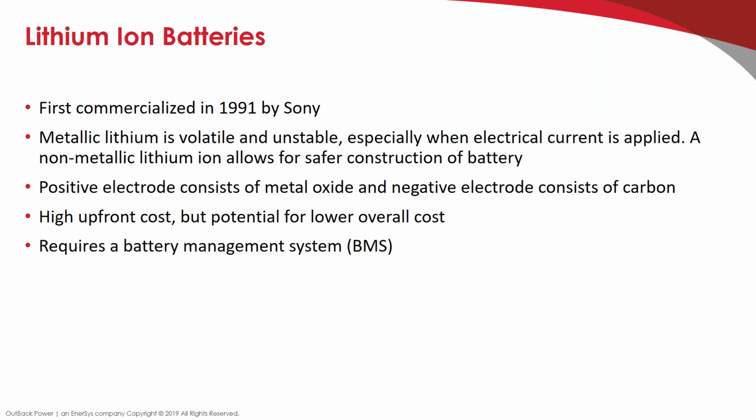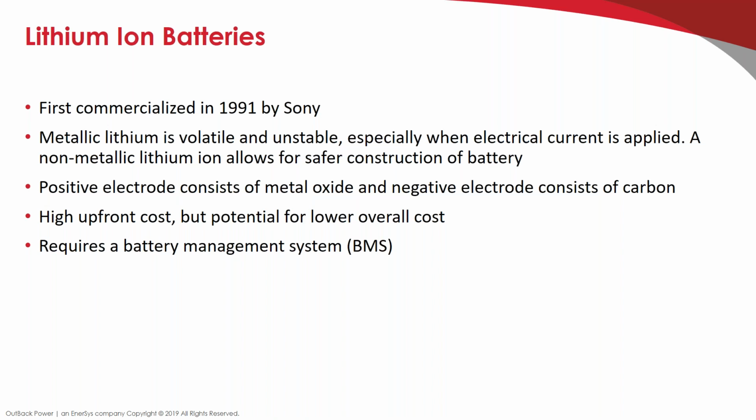This is related to what we were just talking about with the cell voltages, where those potential energies are different. You see the difference here because the materials are different. The next two that we're interested in talking about: lithium, as compared to lead, has a pretty high upfront cost, but it has the potential for lower overall cost, for a couple of different reasons. Lithium-ion batteries have a higher energy density.